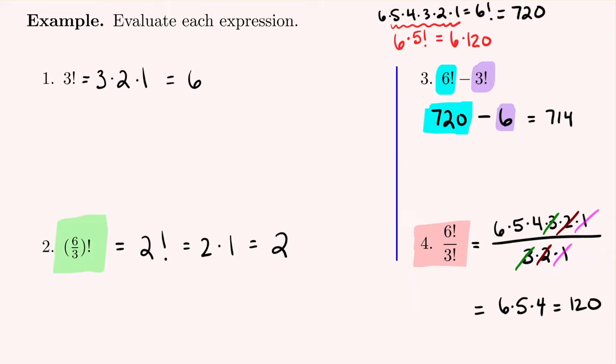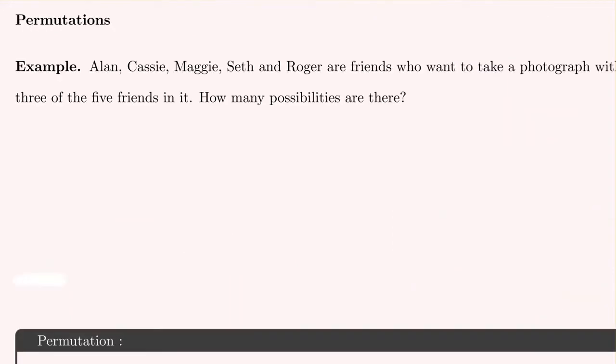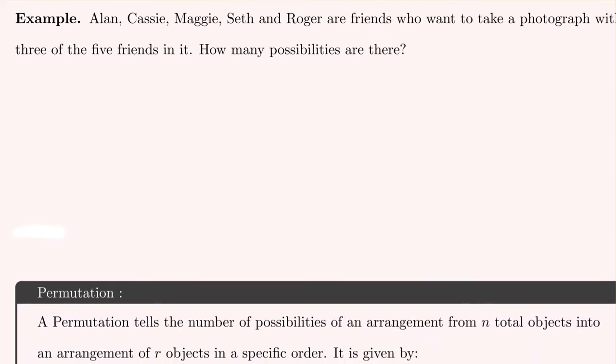So this has just been some practice with finding basic factorials and then dealing with mathematical operations that include factorials. Let's now introduce the idea of permutations. We'll begin with this example.